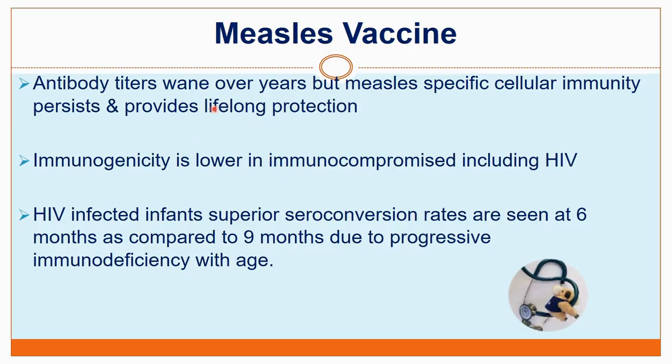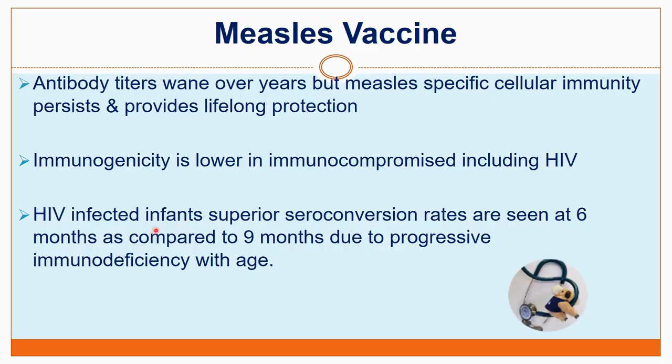The antibody titer of measles vaccine wanes away over years, but the measles specific cellular immunity which is produced persists for a long time and provides lifelong immunity. The immunogenicity is lower in immunocompromised children, including HIV. Those children we do not give measles vaccine.